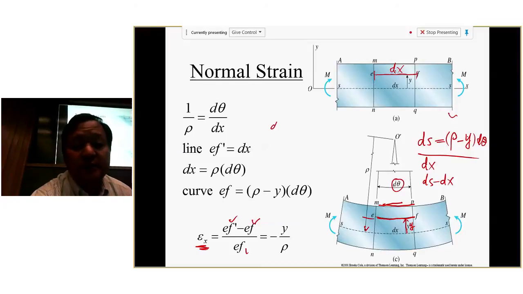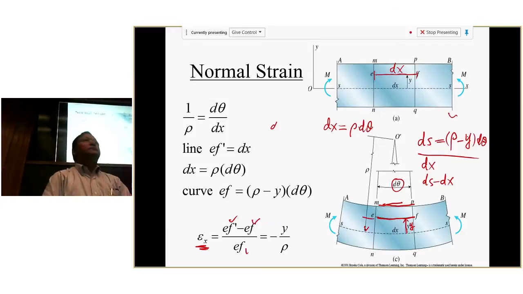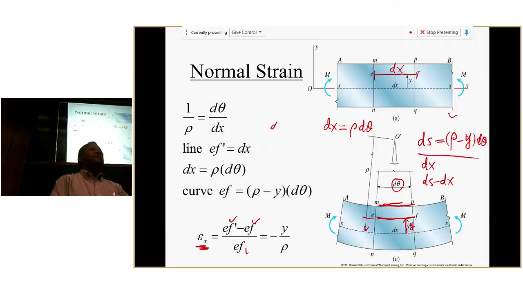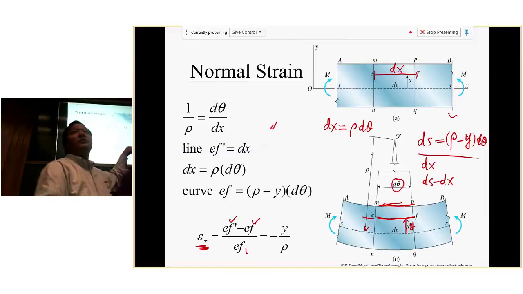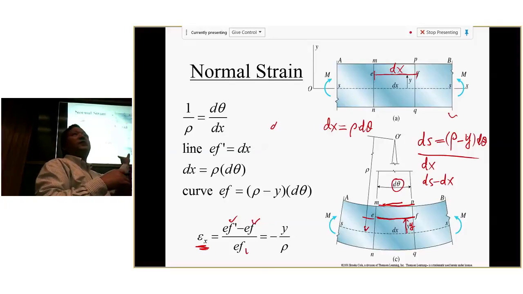Is dx, I draw here, is dx equal to rho times d theta? Is that true? Based on which picture? Based on the bottom one, right? See here, you call this radius rho, right? So therefore, this distance ds is equal to dx, because at y equals zero, ds equals dx here.